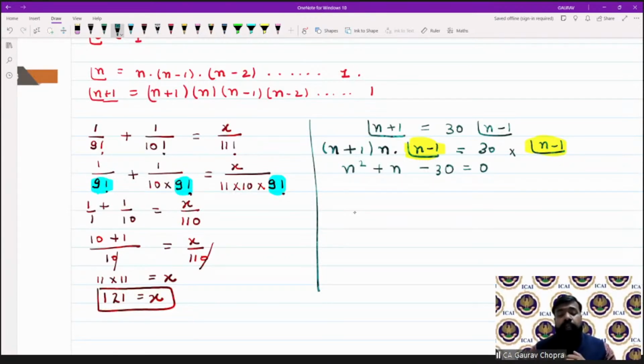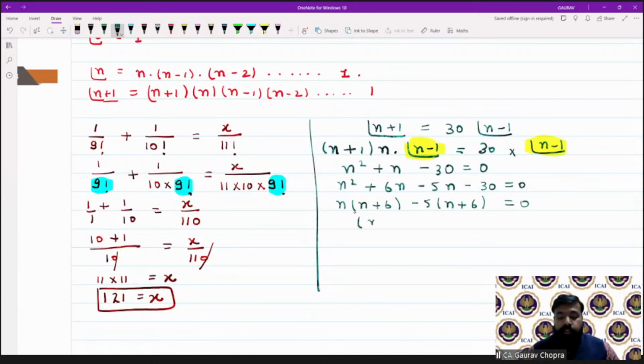Factors of minus 30, 6 and 5 can be taken. So n square plus 6n minus 5n minus 30 equal to 0. N is common, n plus 6 minus 5 and n plus 6. So the final result is n plus 6 and n minus 5 will be equal to 0. So from here we are getting n equal to negative 6, and from here n is equal to 5.